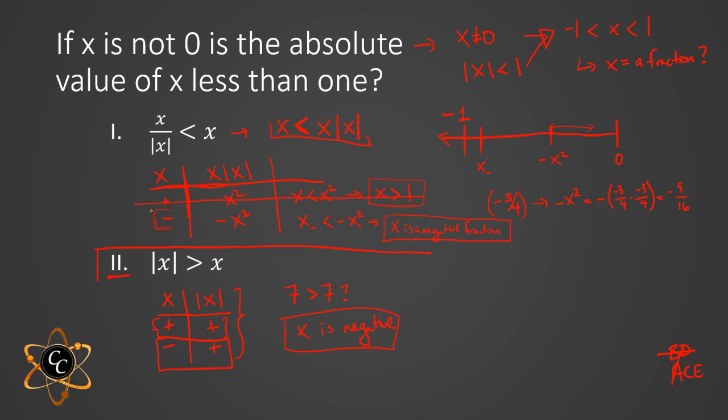So when these two are combined, the only possible case is that x is a negative fraction, which tells us x must be a fraction. We don't have to know what that fraction is, but when we're asked the question, is x a fraction, we can say yes, it is.